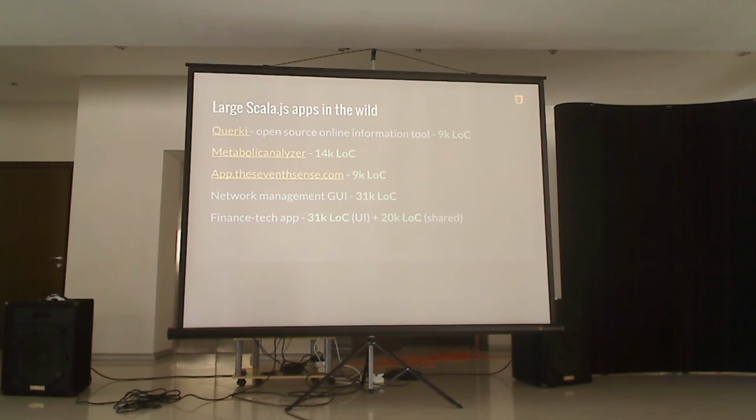These are pretty big applications, and these were all made in the last one, one and a half years. So it's possible to get your team quite quickly up to speed writing large and complicated applications in scala.js. For example, a network management graphical UI used to be a Flash application before, and now they have written it as a real web application using scala.js.